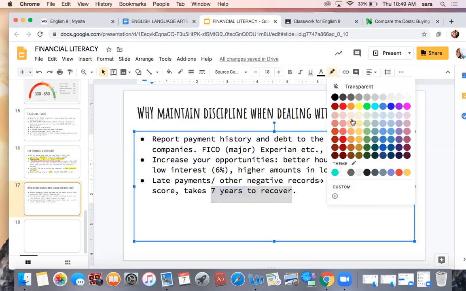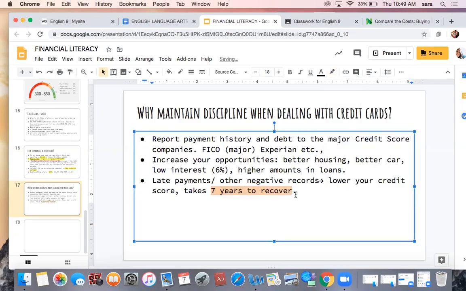So imagine if you mess up at 18, 19 years old, it's going to take a while. You're going to be 25 and not be able to rent a home because you have no credit, which is the worst thing that can happen to you. Worst case scenario. So that's why we want to maintain discipline.